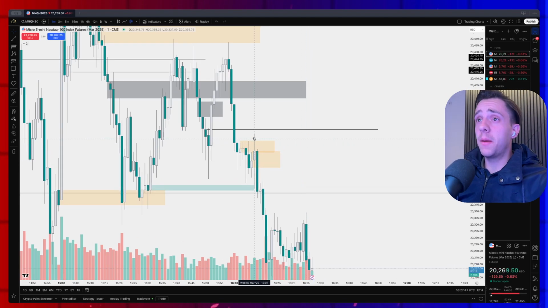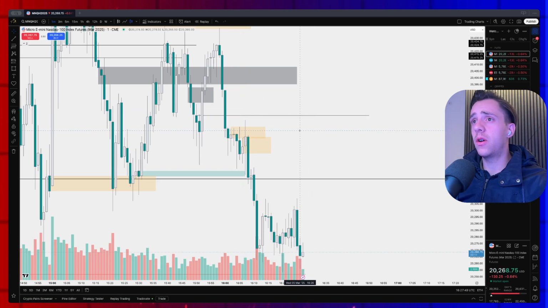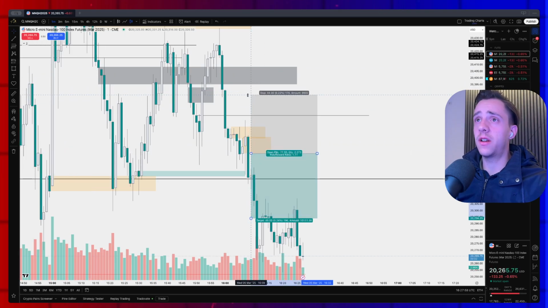So we just ended up going higher. This was really fast. I don't know if there was a data problem or something, but we ended up going really high and then closed below. And I said, okay, this candle opens now here, and I'm going to take this order block now, because for me this makes a lot of sense.